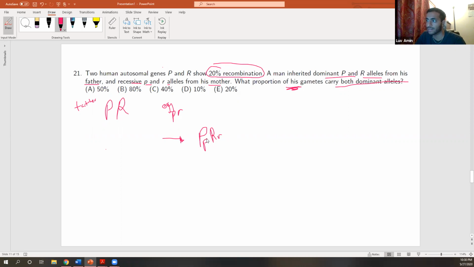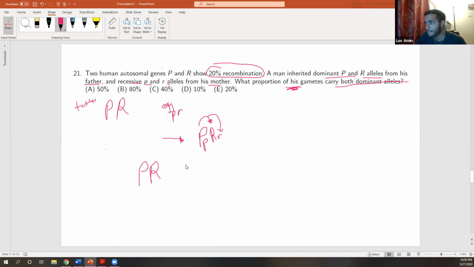So let's look at what kind of gametes he has. And the way I like to do this when we're looking at dihybrids is basically like the FOIL method in math, like factoring, right? So big P to big R. You can also do big P to little r.